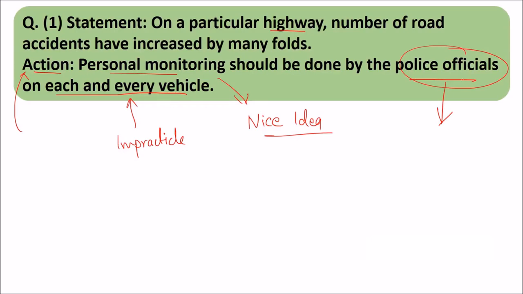So because of such solutions, more problems are created in other areas. Such solutions should be avoided. This is a very wrong action that should not be taken. So this is an example where we see that we should always choose a practical action which does not give birth to other problems.